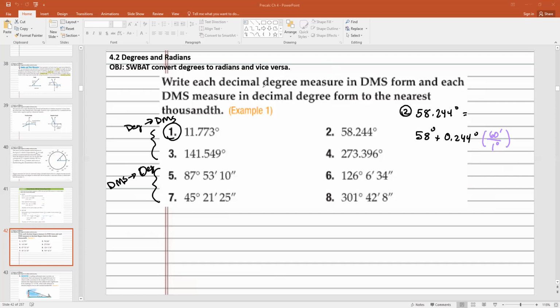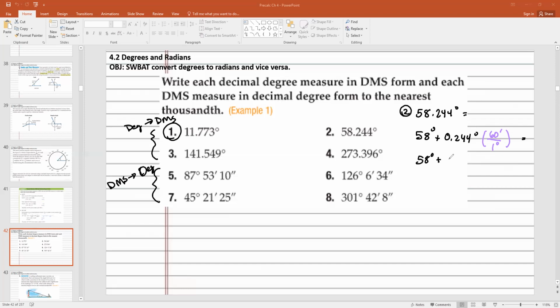So if we do that, we're going to use our calculator. So basically just do 0.244 times 60. And that will give us, so the 58 degrees stays the same.